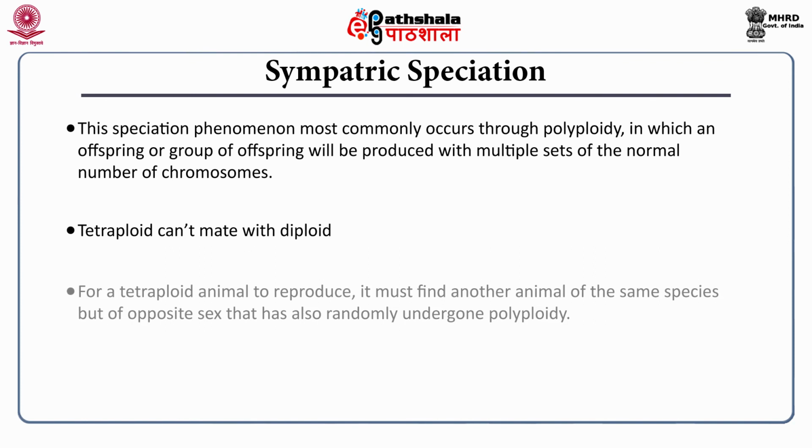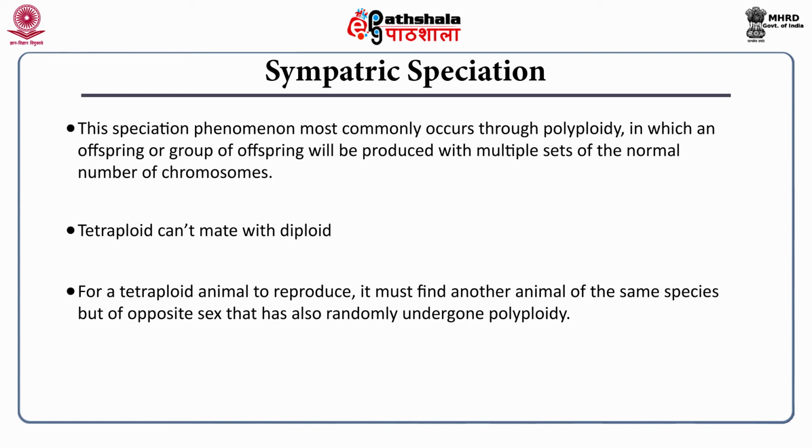If it is a tetraploid animal, to reproduce, the animal needs to find a sexual partner that too is tetraploid. So, it is extremely rare in the case of animals, but tetraploid plants can self-fertilize. Most plants have the ability of selfing, or self-fertilization.